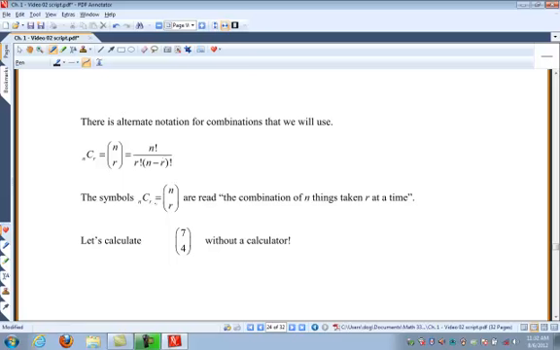So both of these symbols, nCr and parentheses n r, are read the combination of n things taken r at a time. So let's calculate the combination of 7 things taken 4 at a time with no calculator.